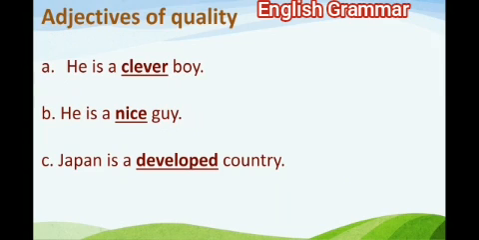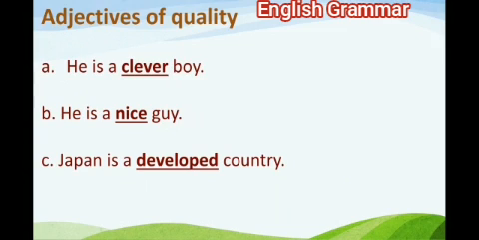Remember, the subject in the sentence is the person we are talking about, our focus noun, the person who performs the action. So we use it to describe the subject or nouns generally. It talks about the quality or the state of a noun.